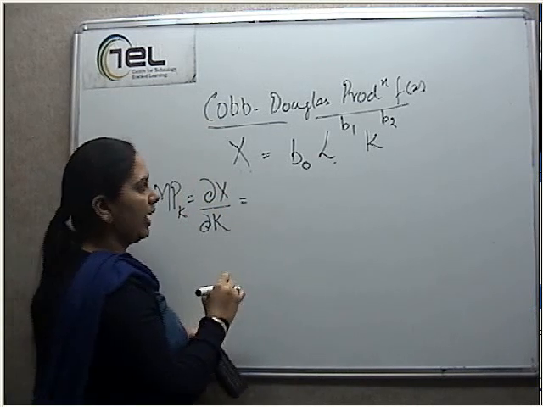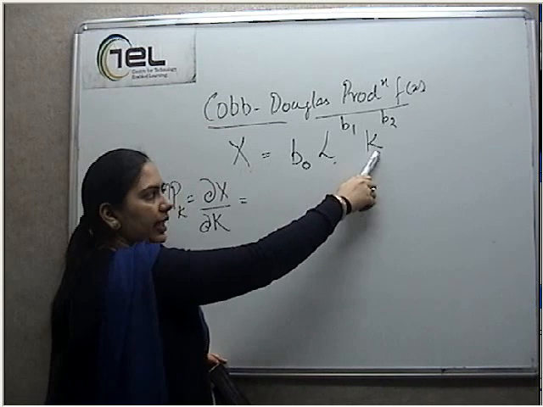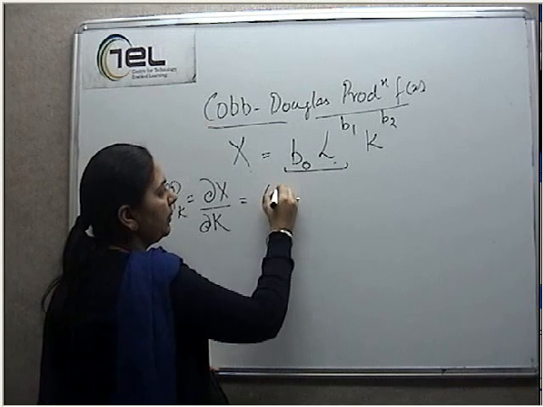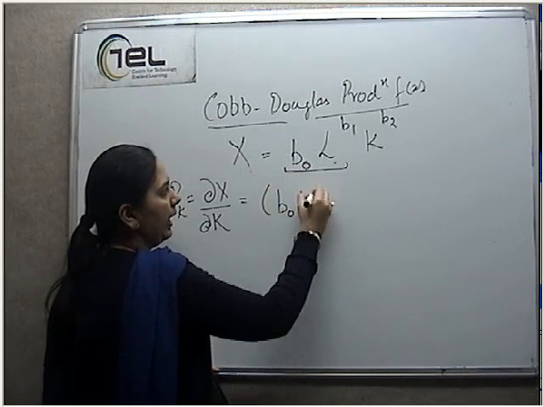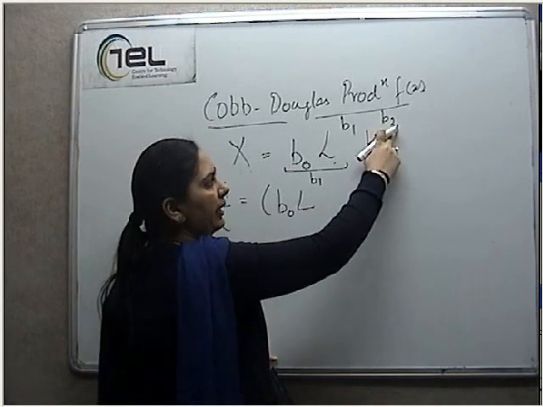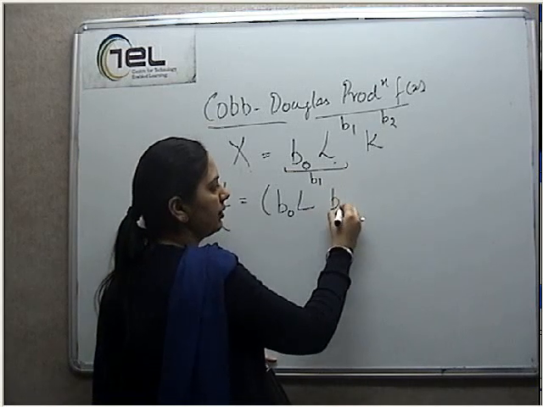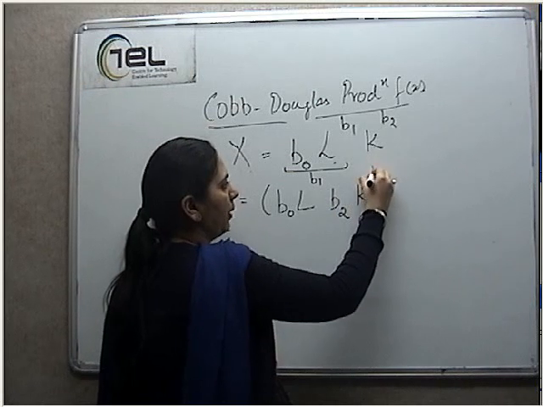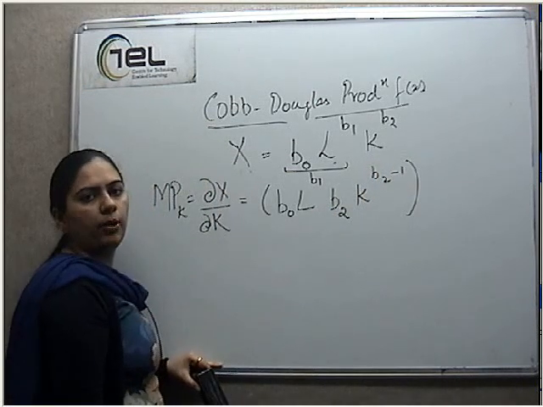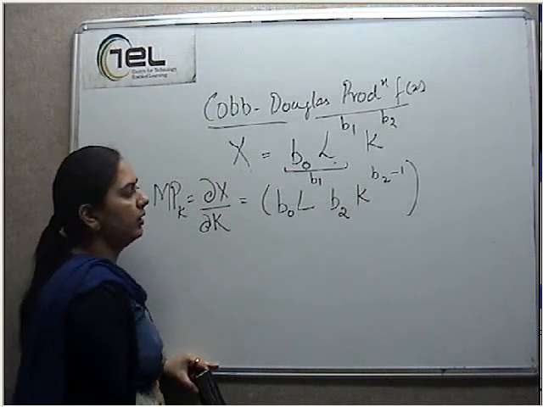On differentiation, leaving K, the others I will keep as constant, so B naught and L to the power B1 are kept as constants. K to the power B2, when differentiated, becomes B2 K to the power B2 minus 1. Again I have applied the same formula of x to the power n.